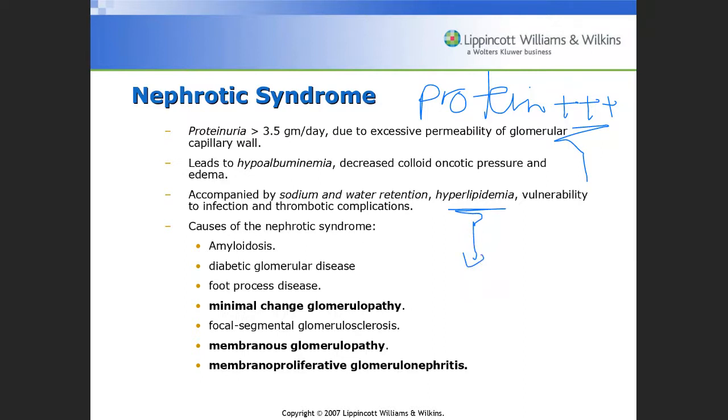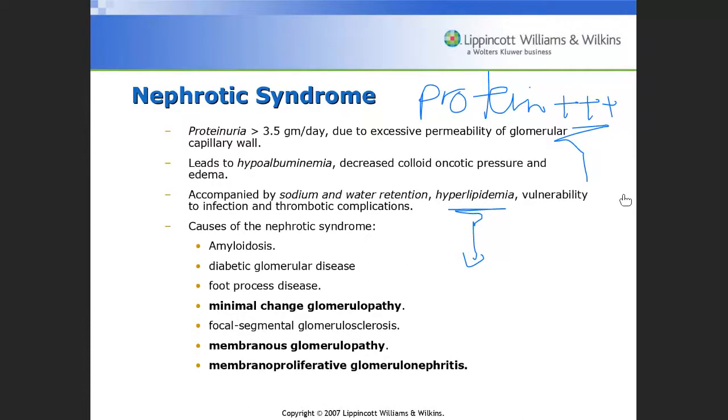An example of this would be minimal change, diabetic, amyloidosis. All these are secondary. Okay, secondary. I mean, these are the primary disease. Secondary is nephrotic, if you will. So minimal change disease is the most common one, if you will. Membranous glomerulopathy and membranoproliferative glomerulonephritis.